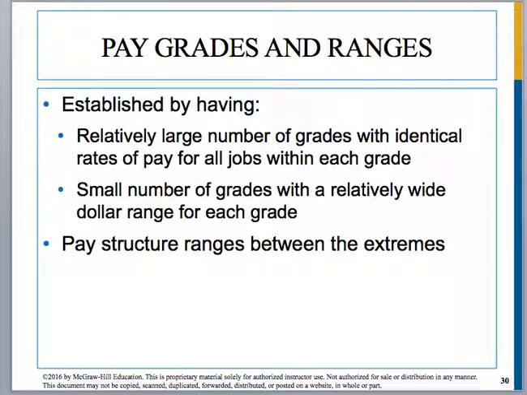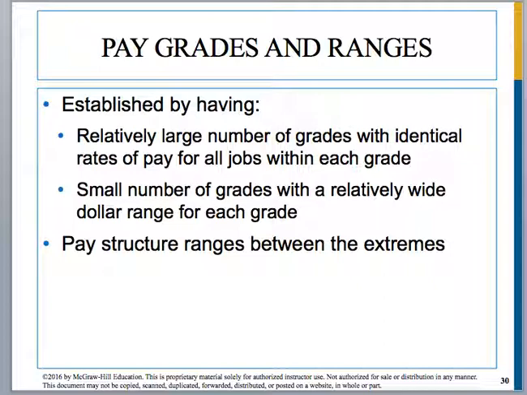Now, this is established by having a relatively large number of grades with identical rates of pay for all jobs within each grade. So basically, if your range is from 10 to 15 in 5 to 10 different jobs, then you can see how those grades and the ranges are based on levels, so frontline, mid-level, and senior. And then a small number of grades with a relatively wide dollar range for each grade.